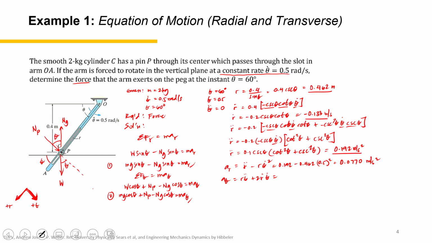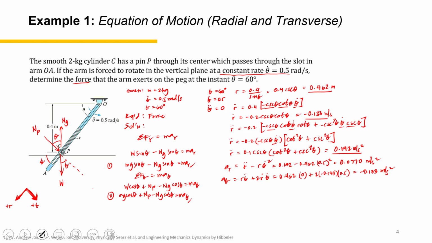So for A_theta, that would be 0.462 times 0 plus 2 times r dot, which is negative 0.133, times theta dot, which is 0.5, and that would be negative 0.133. Okay, so we now have A_r and A_theta. We can now solve for NG and NP.